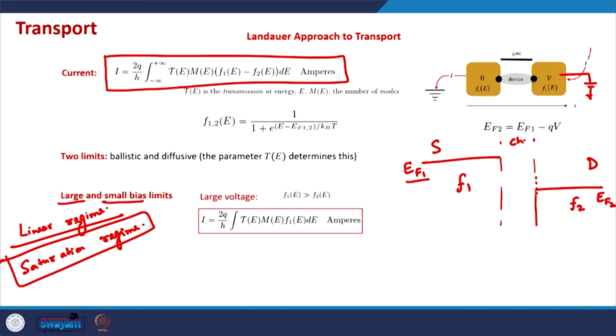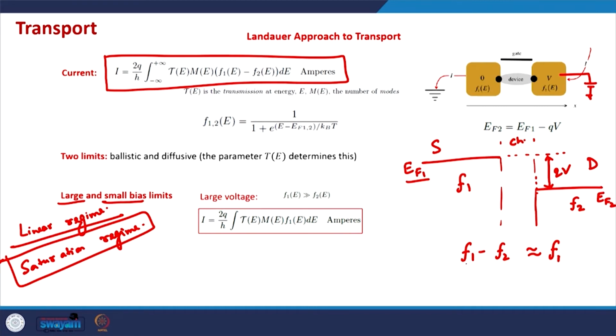And this is the applied voltage. So, if this voltage is large, then F1 minus F2 is almost equal to F1, and that is also clear from the plots of F1.